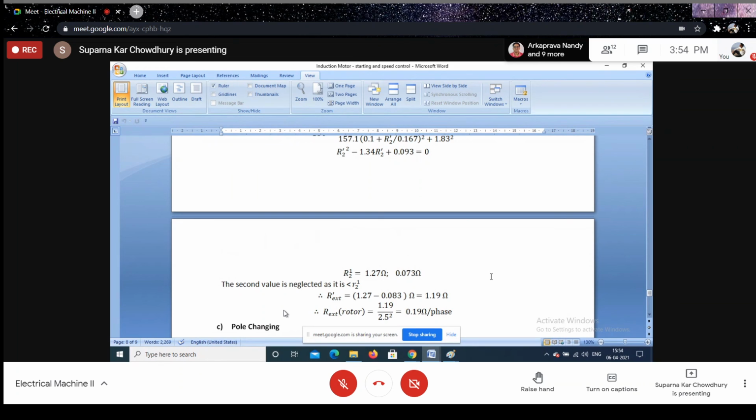Actually for an induction motor, if you remember, neglecting the drops, your supply voltage is approximately equal to the induced EMF, and from that equation you can see that the flux is approximately proportional to V by F. So we cannot only change the frequency, we have to change the voltage also, keeping the V by F ratio constant, because the machine is designed for a particular flux and we cannot exceed that. So in all cases we require complex electronic circuitry, so it is not possible to discuss here.